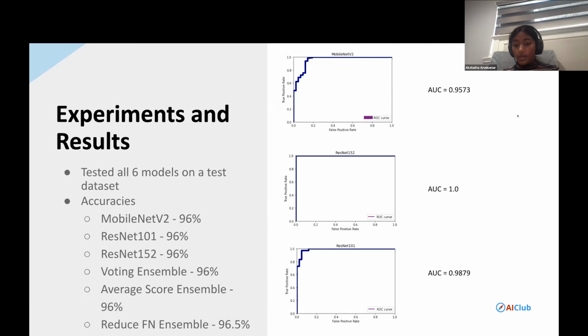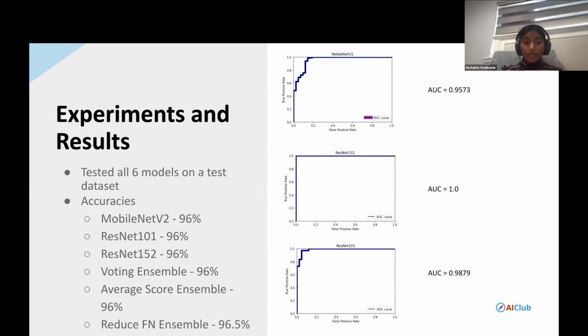Looking below it, we can see that the ROC curve for ResNet 101 is really close to being a 90-degree angle, which is really close to being perfect. So the AUC is just 0.98. And then at the very top, the MobileNet v2 has an AUC of 0.95, which is the least of all of them, because it sometimes predicts malignant when the image is really benign.